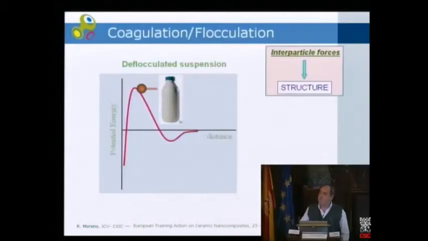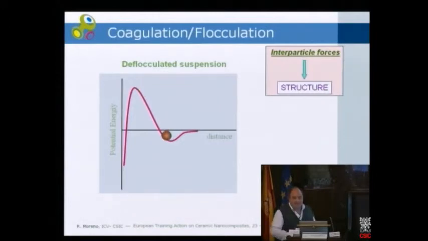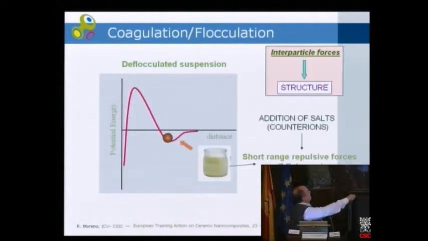As I said before, we always have deflocculated suspensions with very low viscosity. We can promote the formation of a physical gel if we put the suspension into the secondary minimum with short-range repulsive forces by adding counter ions, impurities, and the structure is formed by the particles themselves.